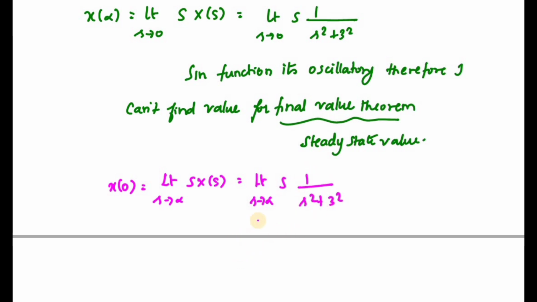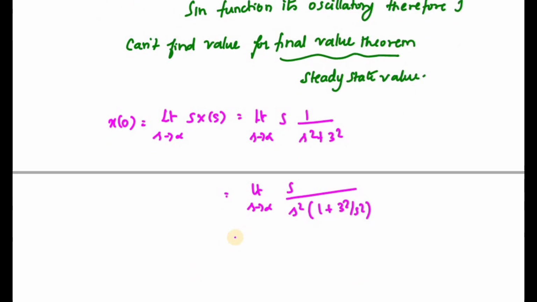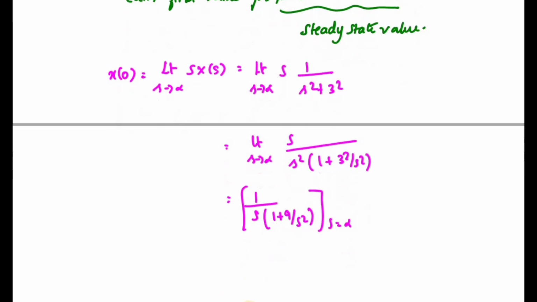And if I take s squared common, I'll get 1 divided by 3 squared divided by s squared, right? So if I substitute 1 by s, as 1 by s into 1 plus 9 divided by s squared, I'll get, if I substitute s equal to infinity, so this still goes to 0.